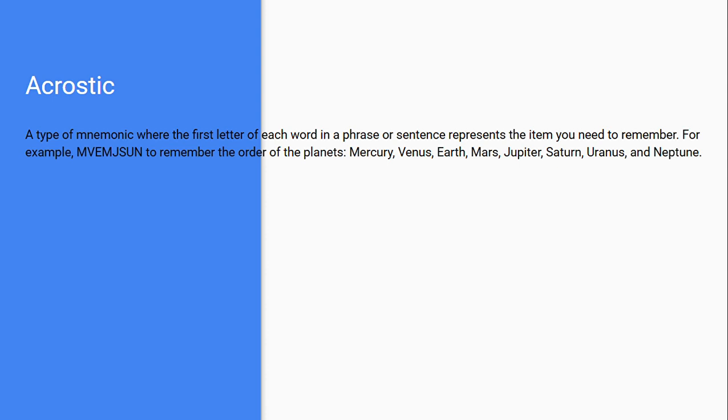Or, like we were talking about just a couple seconds ago with the layers of the epidermis, you have the stratum corneum, stratum lucidum, stratum granulosum, stratum spinosum, and stratum basale.